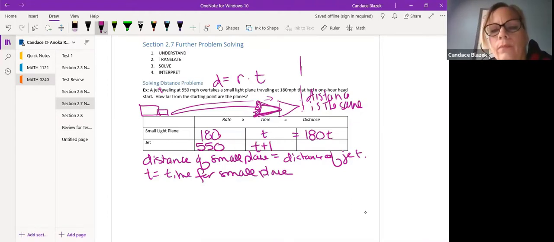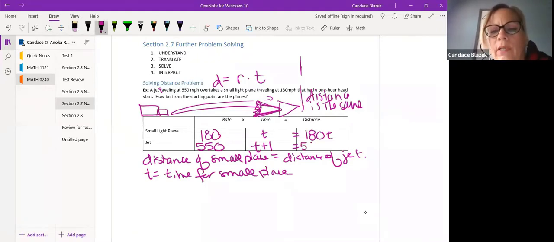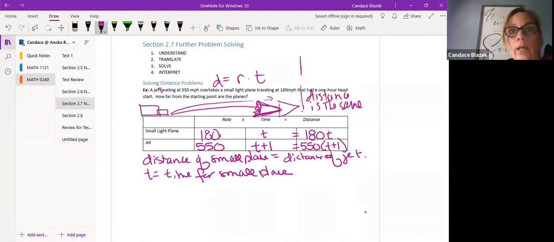So we're going to have 550 when we put our distance in, and then in parentheses, the whole time, which is t plus 1. All right, so this top line right here, 180t, is the distance of the small plane. This 550 times the quantity t plus 1 is the distance of the jet.